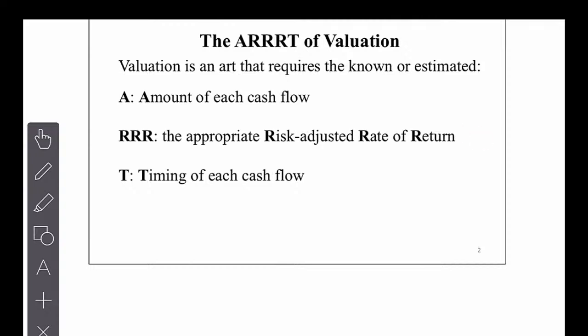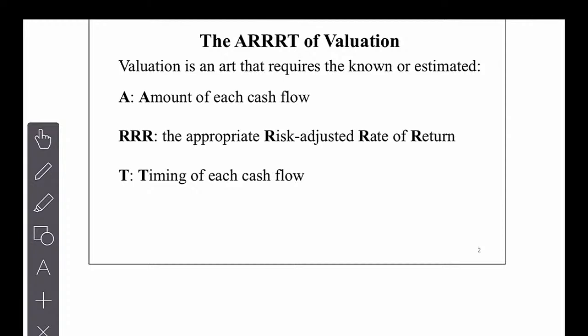So it might be called the cost of capital, or the cost of equity, or the hurdle rate, or the required rate of return. There's all this terminology that is synonymous with the idea that there's an implicit rate of return in there. So what is the rate of return, and what's the appropriate risk-adjusted rate of return? We'll talk about that.